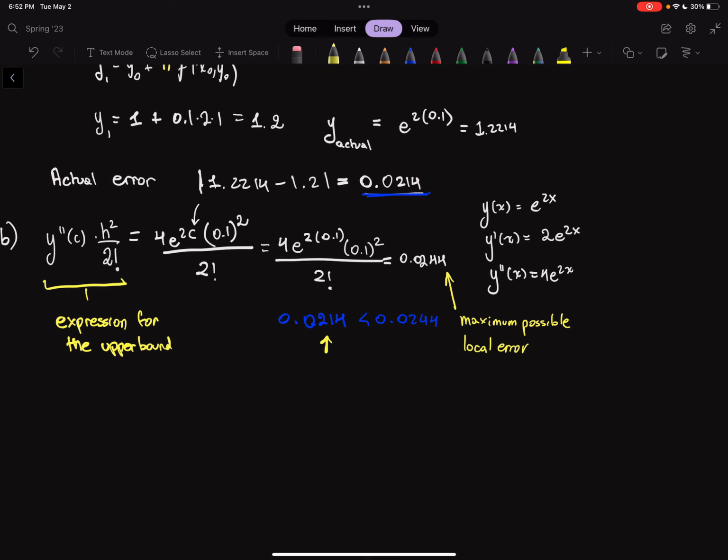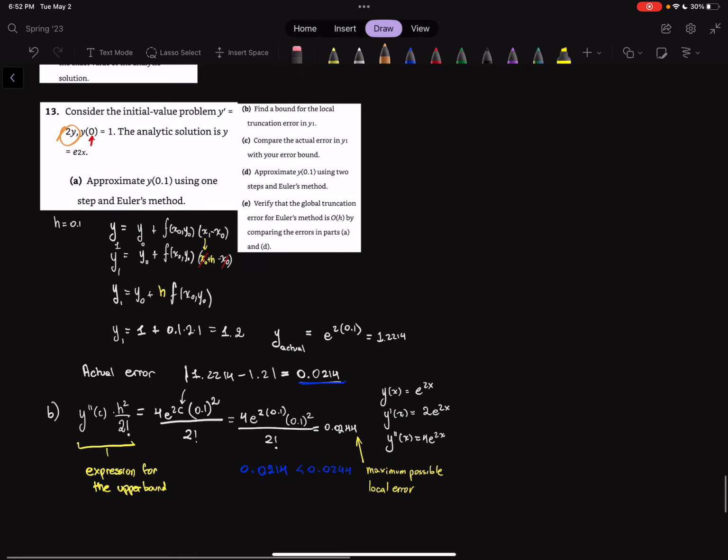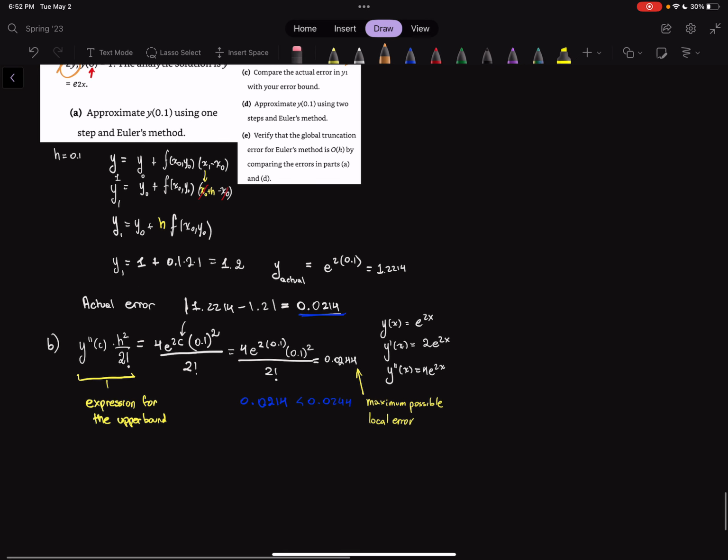And the actual amount of error was less. So that one was find a bound for the local truncation error, compare it. So this was also C.